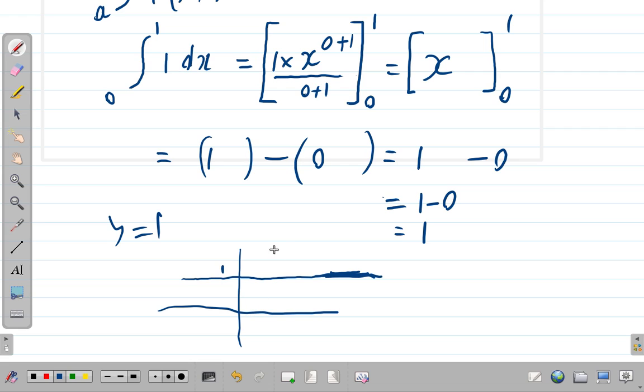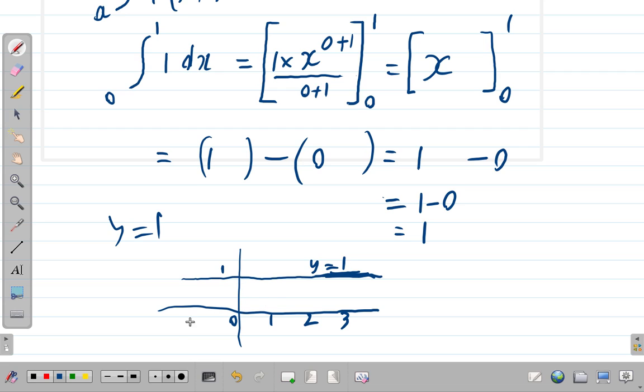When you integrate between 0 and 1, what that means is that you have 0 in the middle here, 1, 2, 3, and so on on the x-axis. This is the curve y equal 1, or the line. It's a straight line, what you could call a curve too. You're going from 0 to 1.